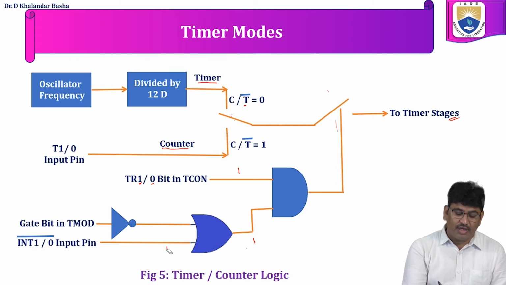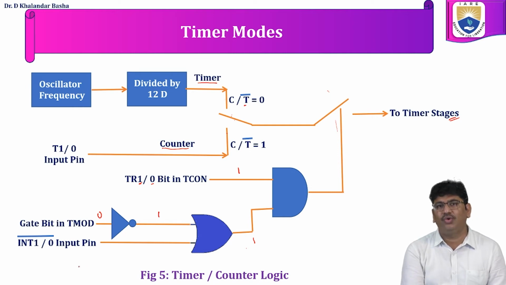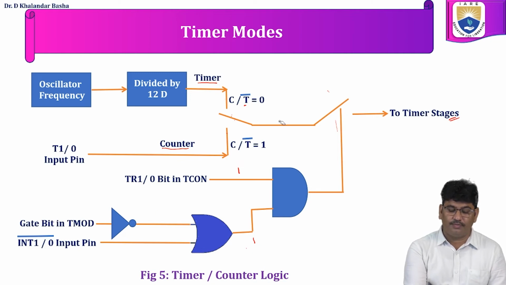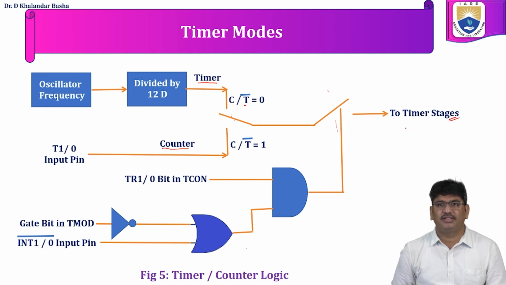If the gate bit is configured as 0, the output of the NOT gate is 1, and the OR gate directly gives 1, with no need to depend upon the external interrupt pins INT0 and INT1. So this is the circuitry we use as the control logic to pass the events or clock pulses required for the timer stages.